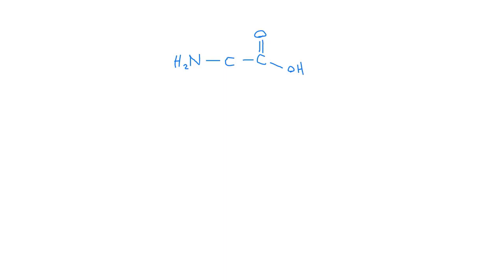Now, typically speaking, these amino acids always have one hydrogen here. But then different amino acids have different R groups. And R just refers to the rest of the molecule. You think of R as the rest of the molecule. Okay?